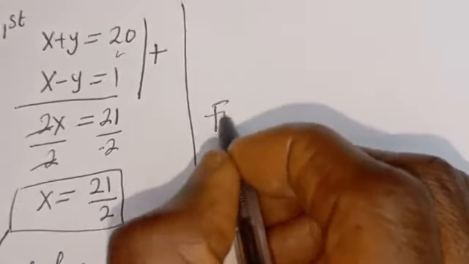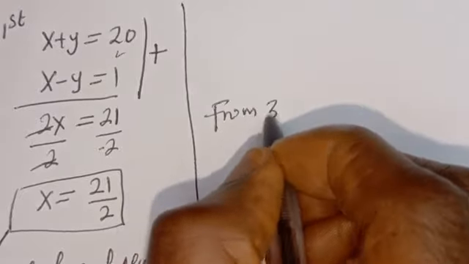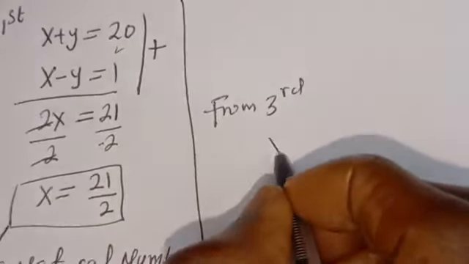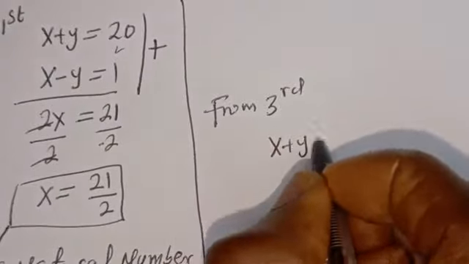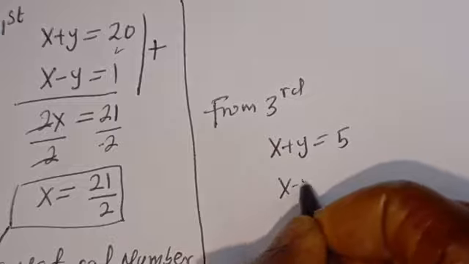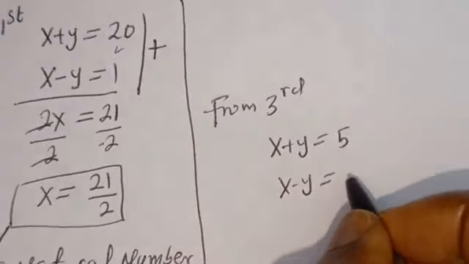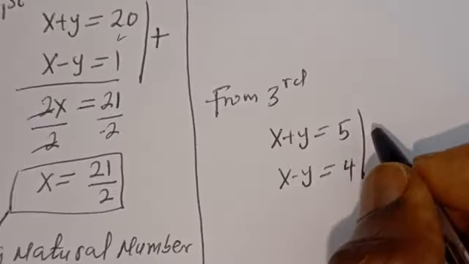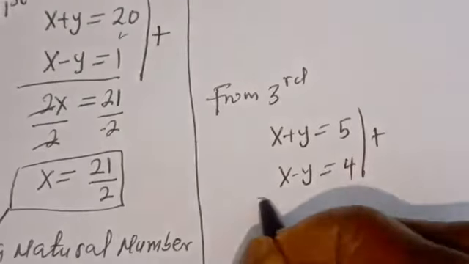From the third case, we have x plus y equal to 5 and x minus y is equal to 4. And we add the two equations together.